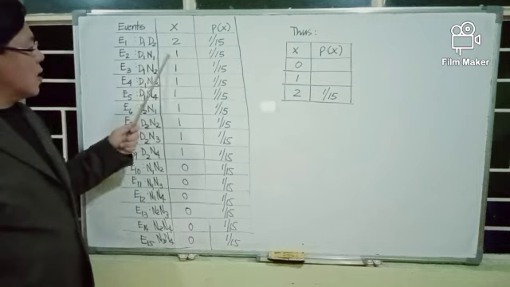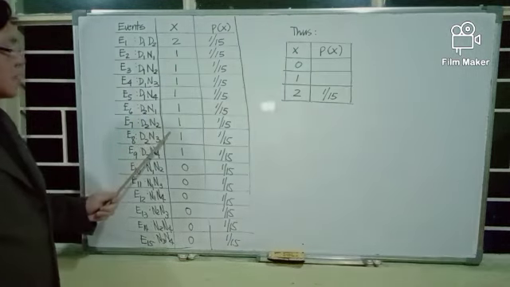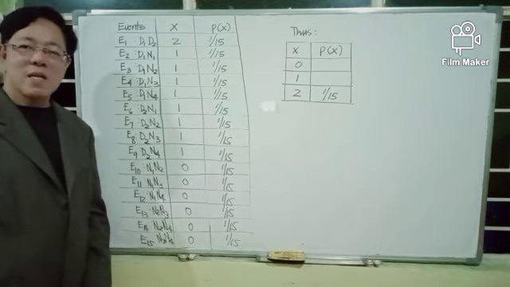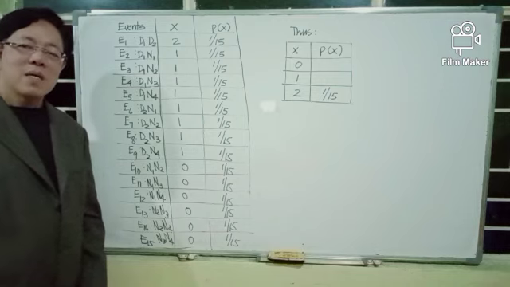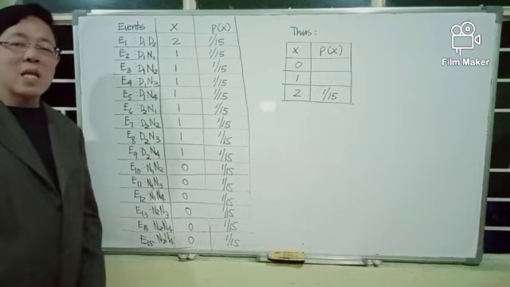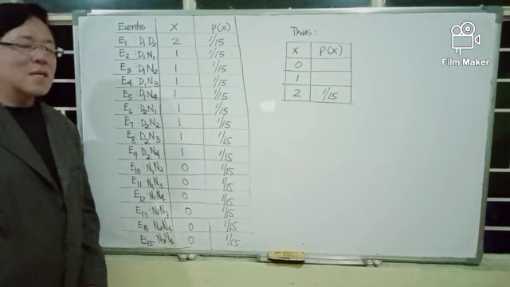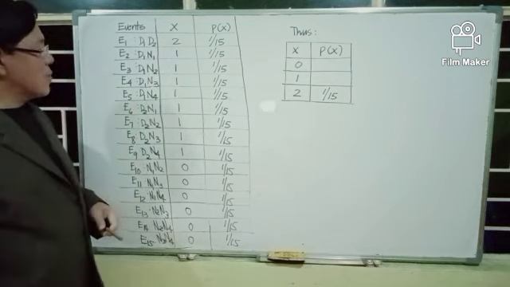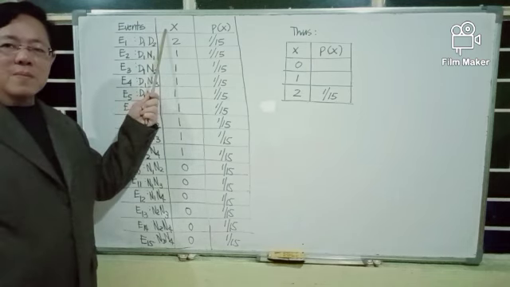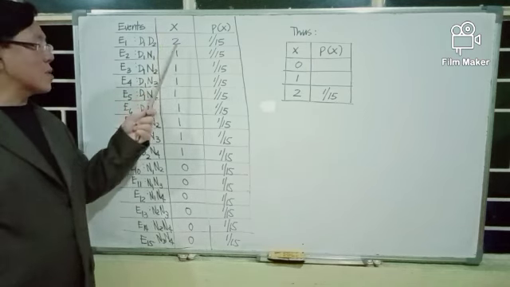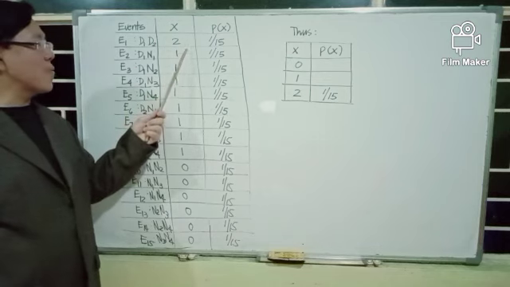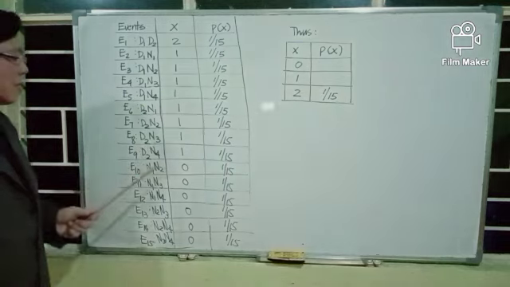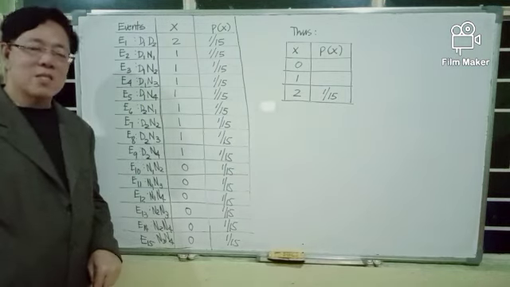And there are 8 possibilities, 1, 2, 3, 4, 5, 6, 7, 8, where the customer selected one defective item. Or there are 8 events where the value of the discrete random variable x is 1. So the probability of x is 1 is equal to the sum of the probabilities of these events, of these events where there is one defective in each event.